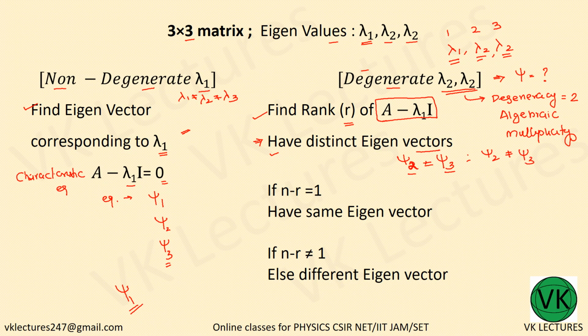If n minus r equals 1, where n is the order of the matrix and r is the rank of the matrix, they have the same eigenvector, which means psi 2 equals psi 3.